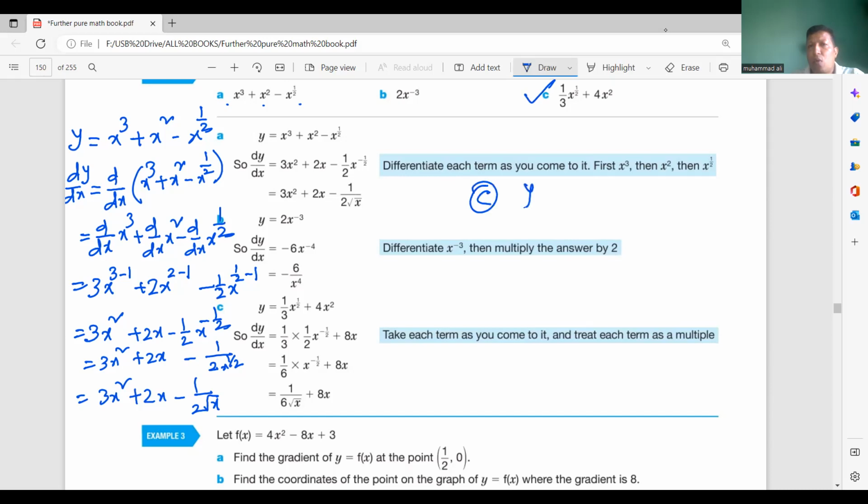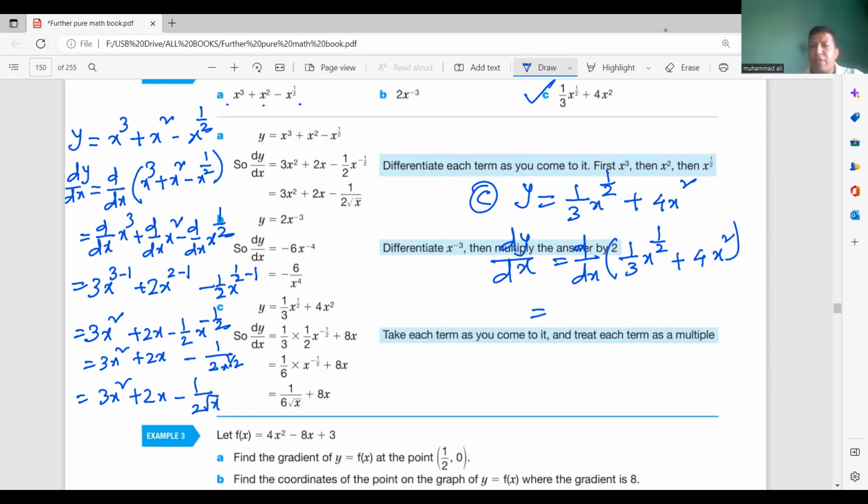Like see, y equals 1 by 3 x to the power half plus 4x squared. So if we do differentiation, we have to write dy by dx equals d by dx of 1 by 3 x to the power half plus 4x squared.